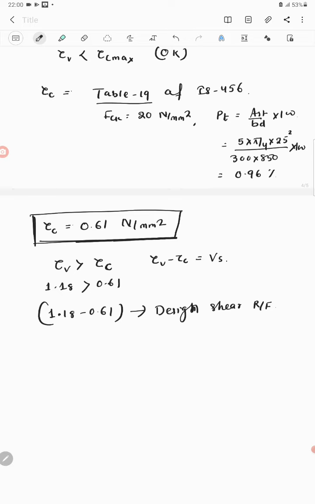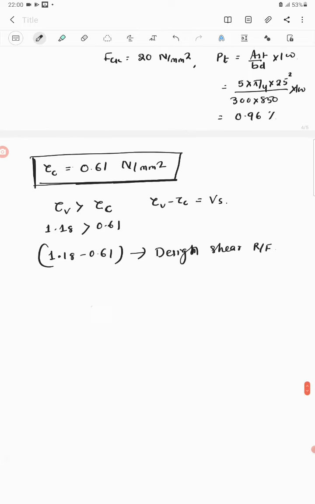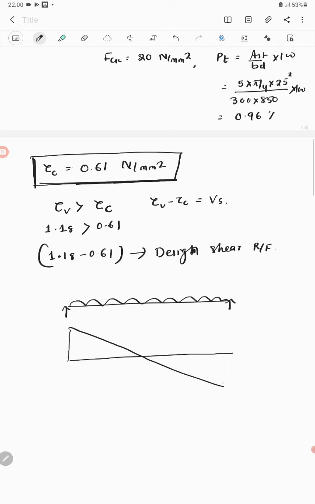If we draw the shear stress diagram, this is the beam, and this is the shear stress diagram. This is tau v, 1.18 Newton per mm square. This is the nominal shear stress diagram.